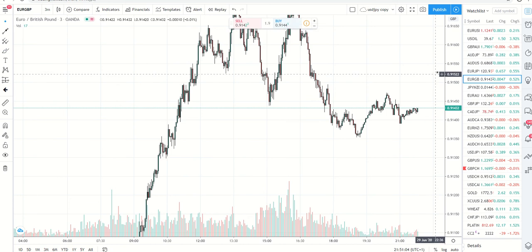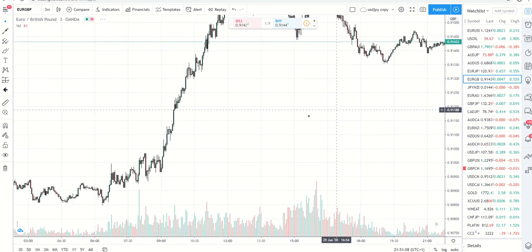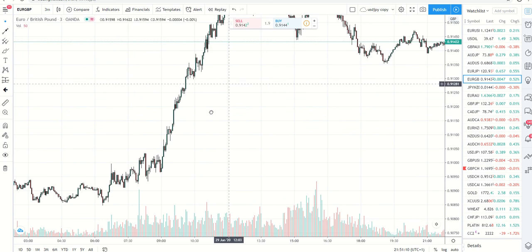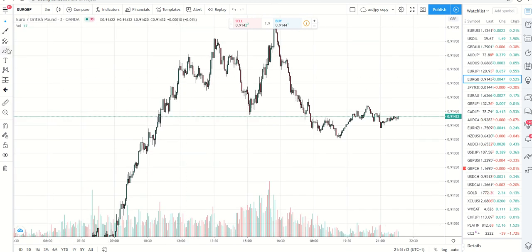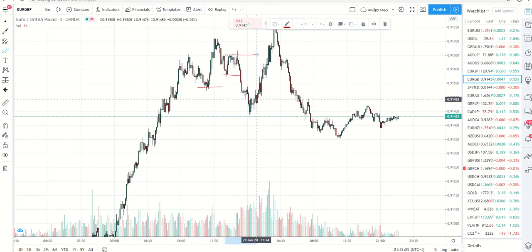So if we look at this and say, right, that's fine. We're in that trade. We was in that trade early. But what you've got to be careful of are support and resistance levels looking like they're not doing their job.